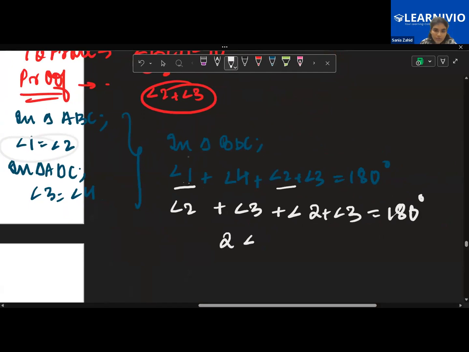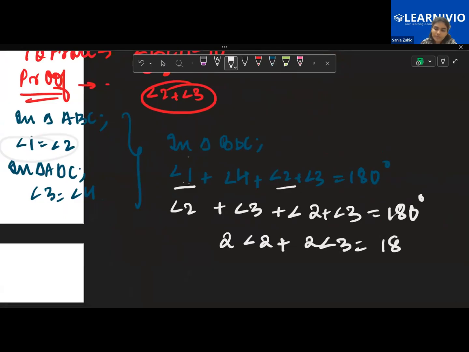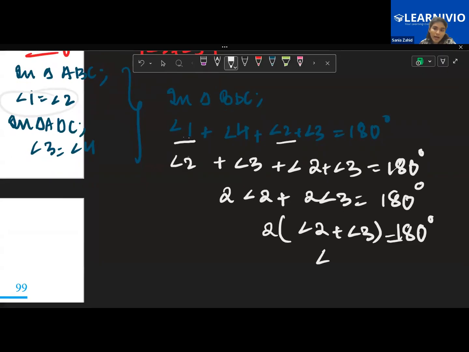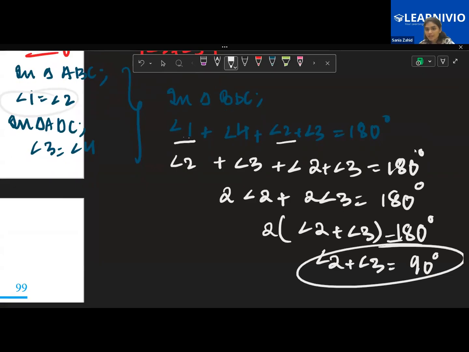Now can I write twice angle 2 plus twice angle 3 is 180 degrees. I take 2 common. So 2 times angle 2 plus angle 3 is 180 degrees. So angle 2 plus angle 3 is 180 by 2, 90 degrees. Right? So yes, that is what I have to prove.